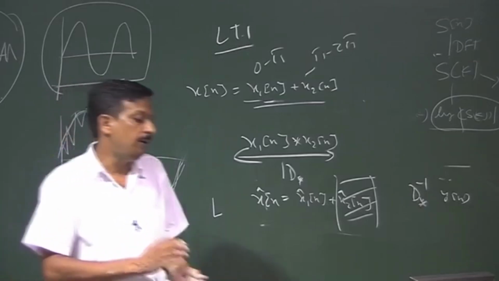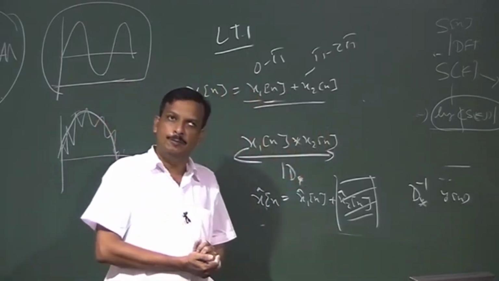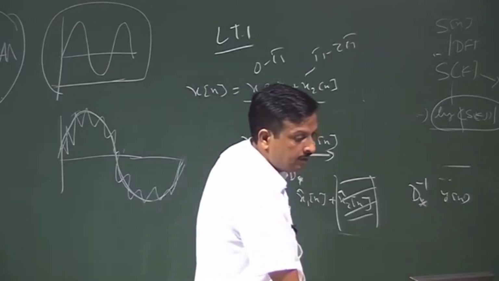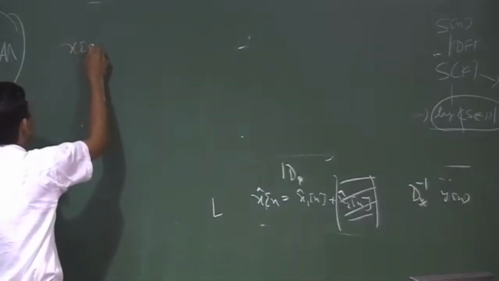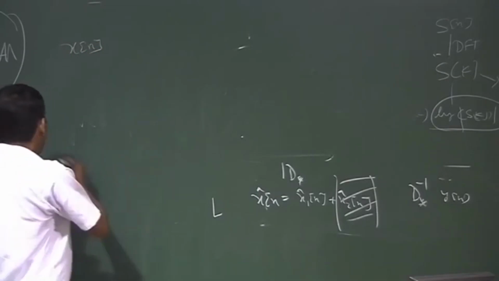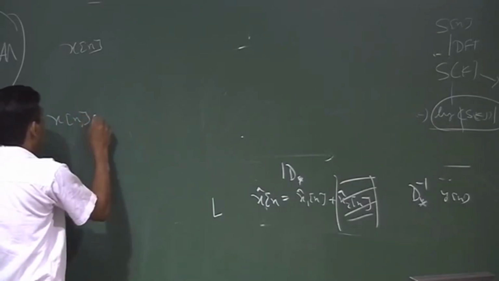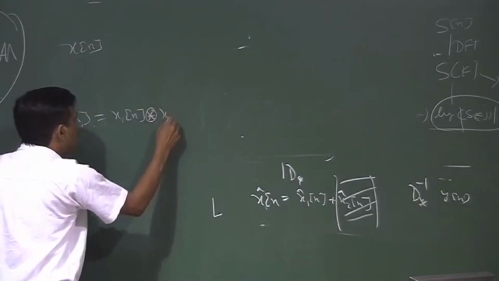If I see this diagram for convolution, I can write a diagram for multiplication also. If I want convolution to be represented in a sum form, then the system transfer function should be like this. Let us take x[n], which is nothing but x1[n] convolved with x2[n].